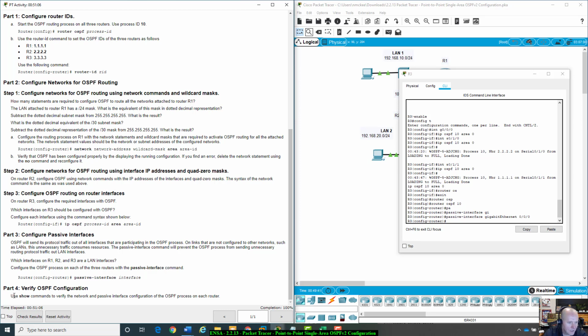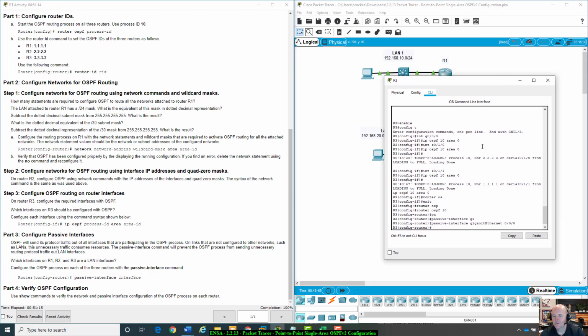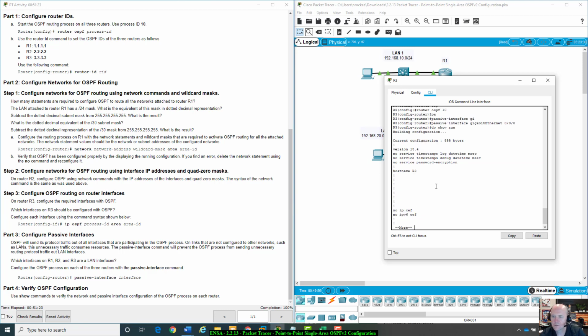All right, so use show commands to verify the network and passive interface configuration of the OSPF process on each router. Let's do that. I believe from here, if you want a shortcut, you can do show run. Yes, that takes you directly to the running config from global config.